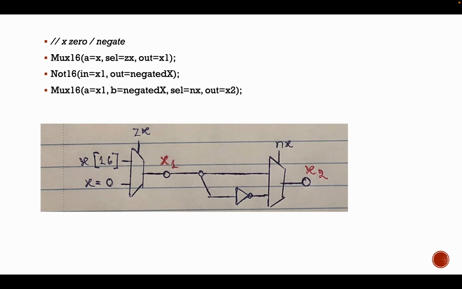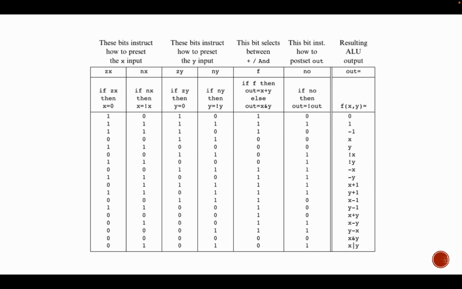Let's move on to the first part of the HDL code. The reason why I divided it up is because I want to show you how each individual one works. You see here there's ZX, NX, ZY and all that. I'm trying to show you each one so that you can understand better.